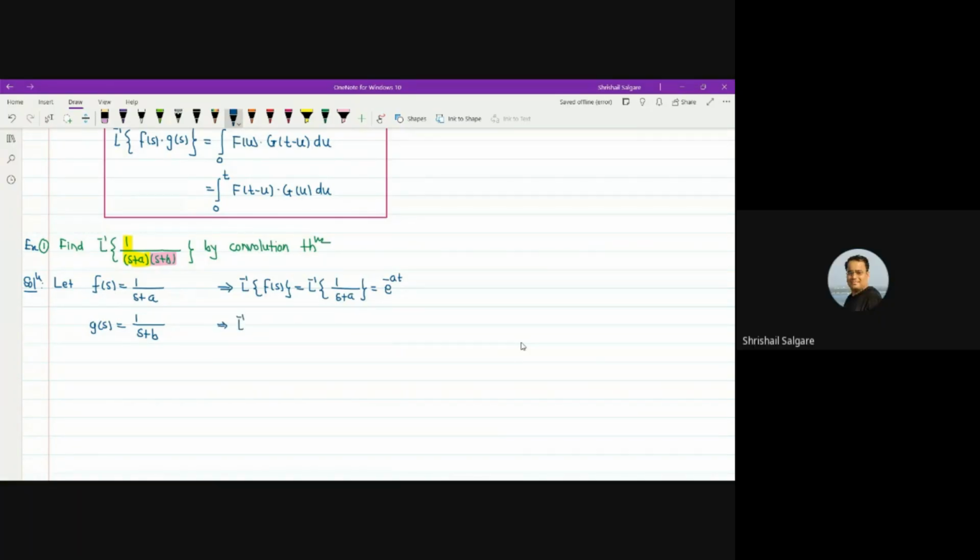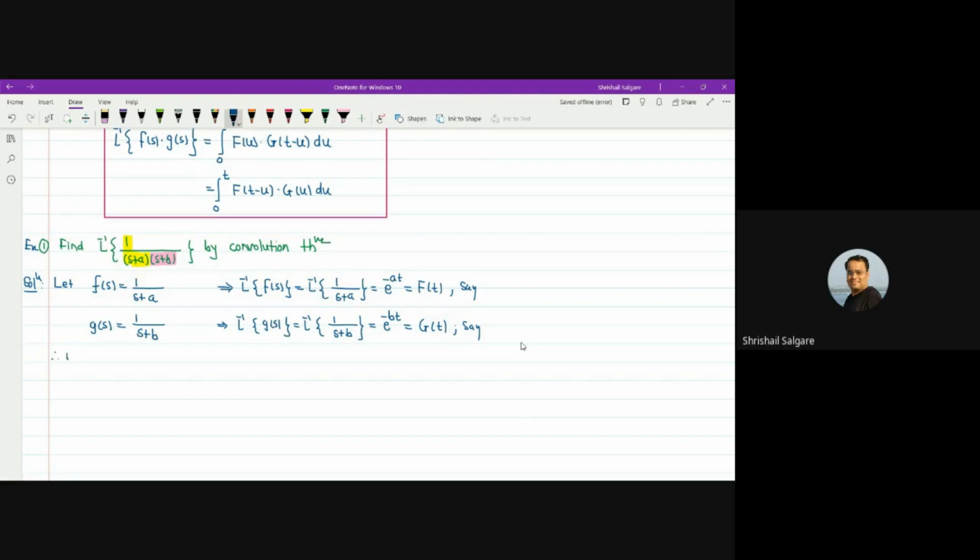L inverse of g of s is L inverse of 1 upon s plus b. Is it right? So further it can be written as e to the power minus bt. This function I will call f of t, and this function I am denoting as g of t.